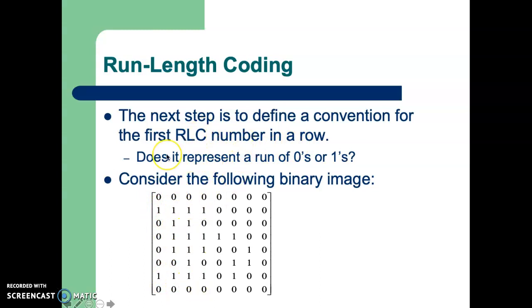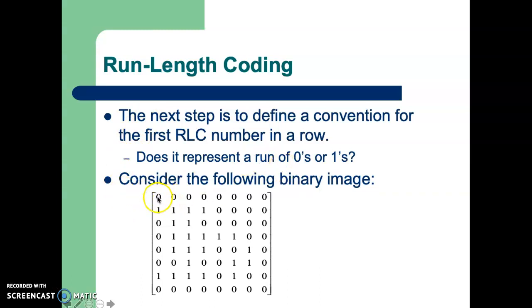Another thing is which run you want to count, either 0 or 1. If 0, you count how many zeros; if 1, how many ones. The difference between the two is the value of the first pixel that you count.